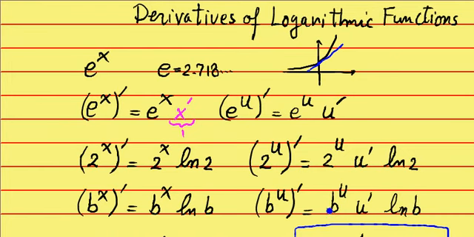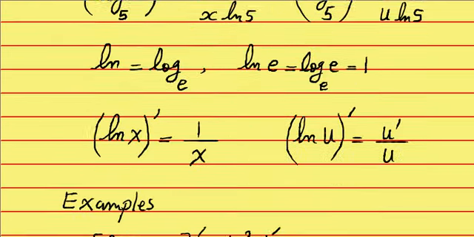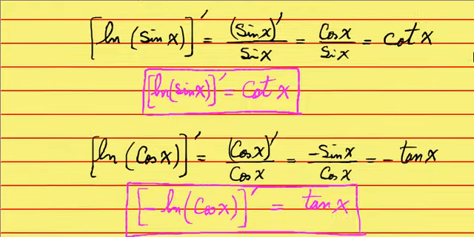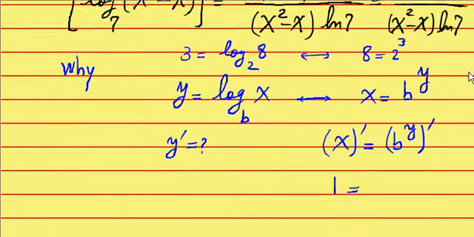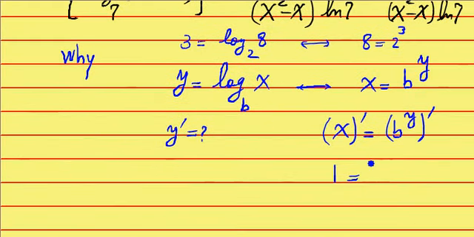The derivative of b to something is a copy of that, times the derivative of the substitution, times the logarithm of the base, and that is what we are using here. Copy of this, derivative of the substitution, times logarithm of the base.